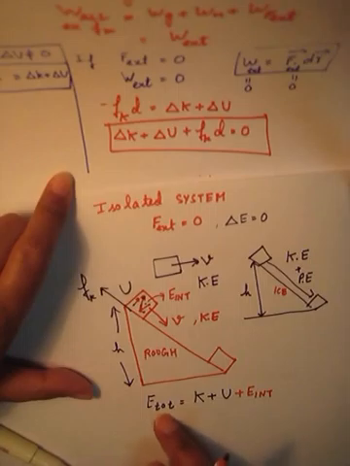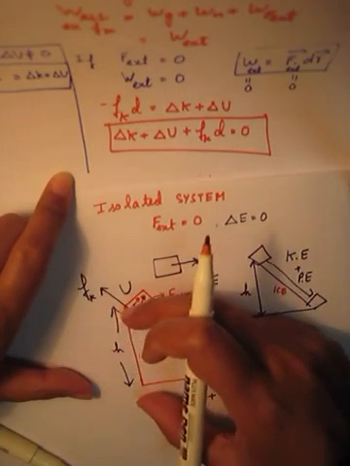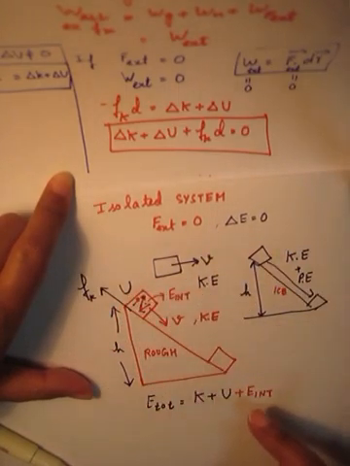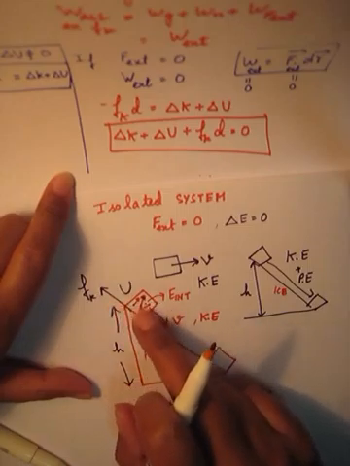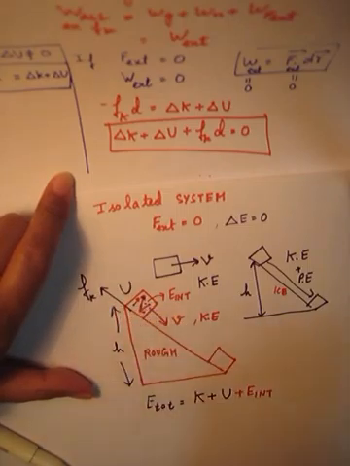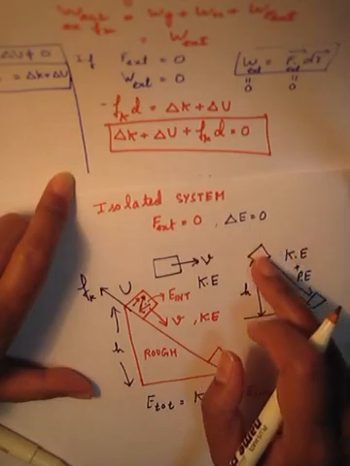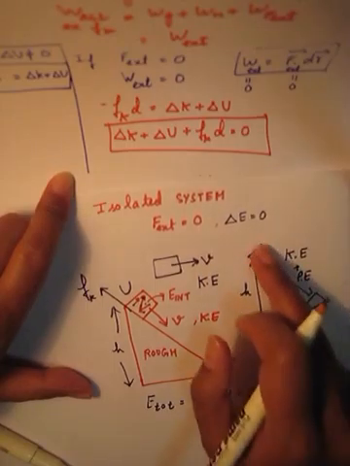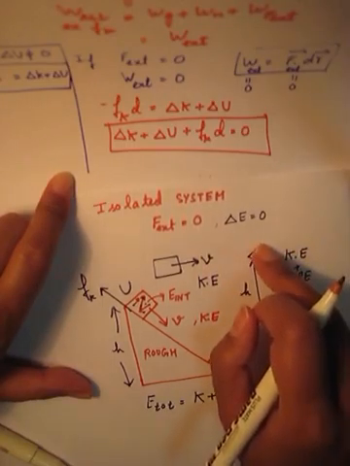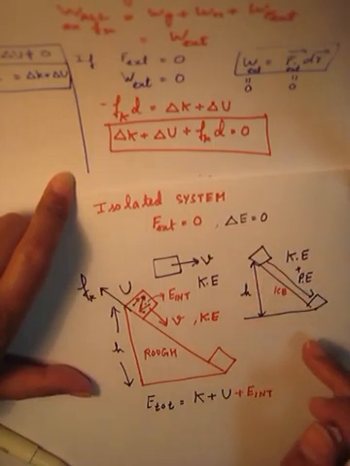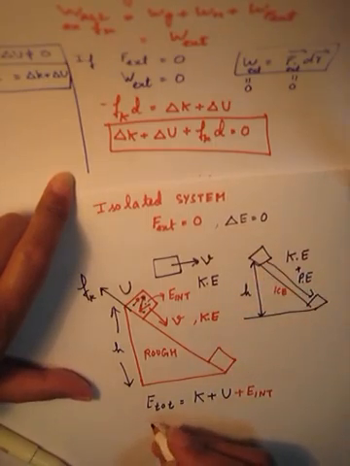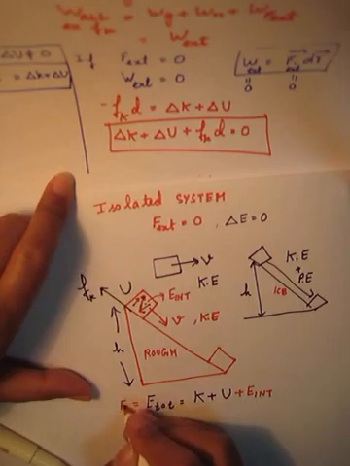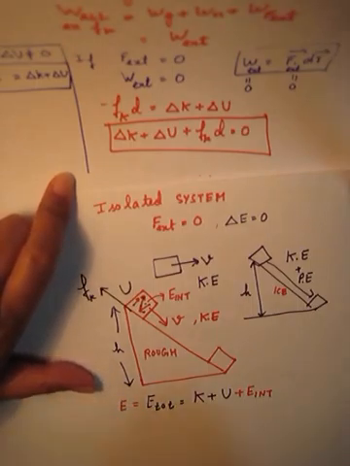The total energy of the system is kinetic, potential due to height, and internal due to friction. It changes due to friction; otherwise it will stay constant, like in the previous case, where there will be no change in internal energy. So this is the total E we're talking about in this equation.